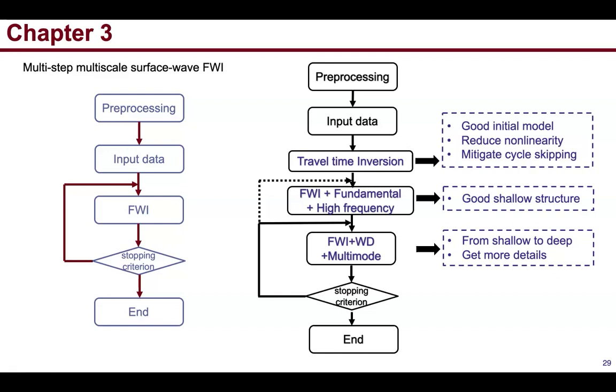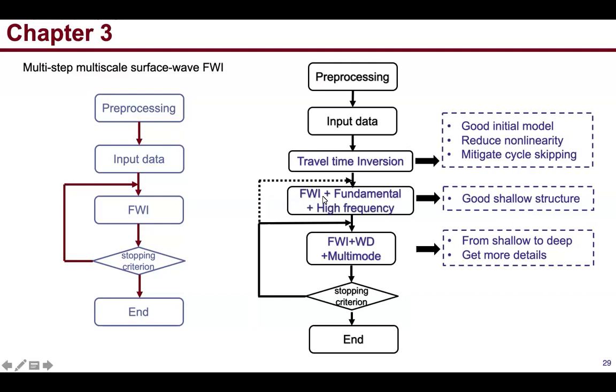But actually, real data processing is more complex. It needs more strategies to be incorporated into the workflow. So first, after the pre-processing, we conducted the travel time cross-correlation inversion. After the travel time inversion, we got an initial model, and this part of the inversion can reduce the nonlinearity of the problem.